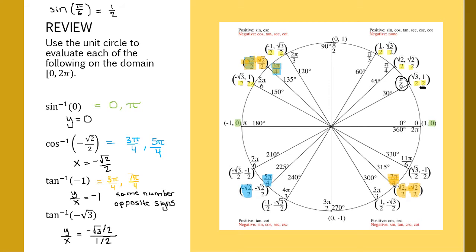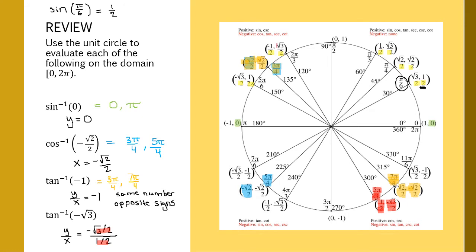I'm looking for a spot where the y-coordinate is √3/2 and the x-coordinate is 1/2. And again, because of that negative sign, one of them is going to be positive and one of them is going to be negative. So I'm looking for a y value of -√3/2 and an x value of 1/2. That happens right here at an angle of 5π/3.